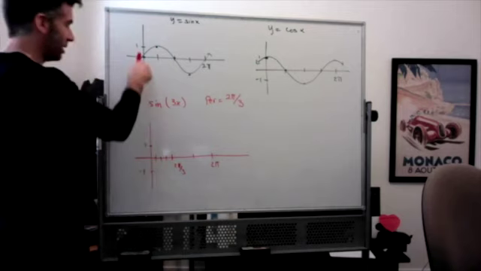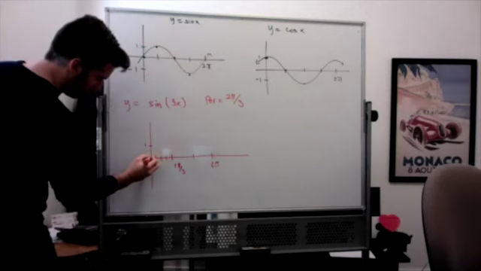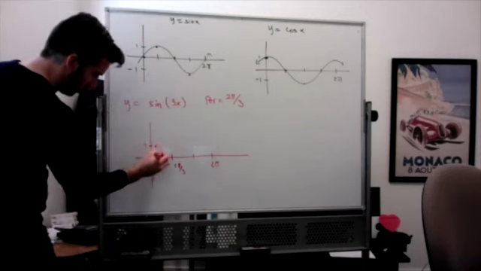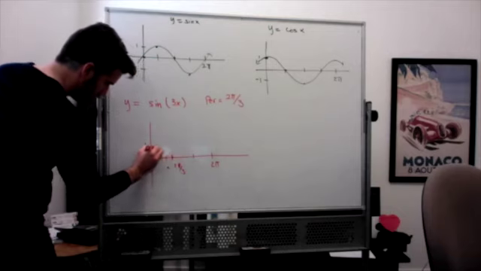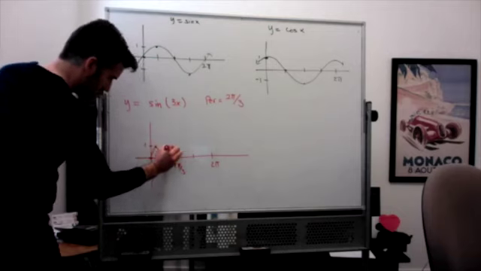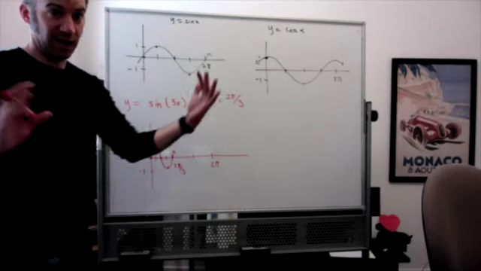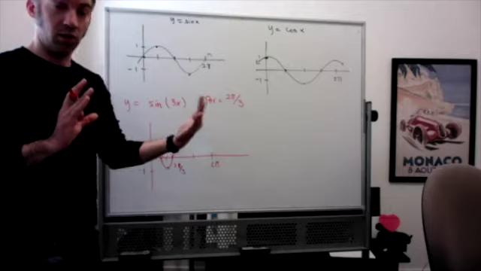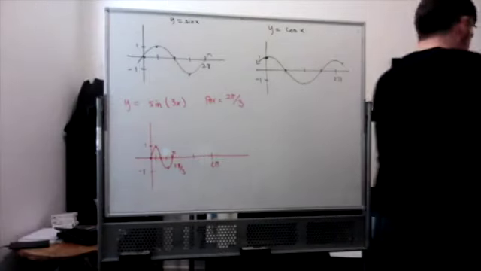Sine starts in the middle, then goes up, middle, then down, and back to the middle. So there's one period of sine of 3x. It got smooshed in. It got horizontally compressed is the more technical way of saying that.